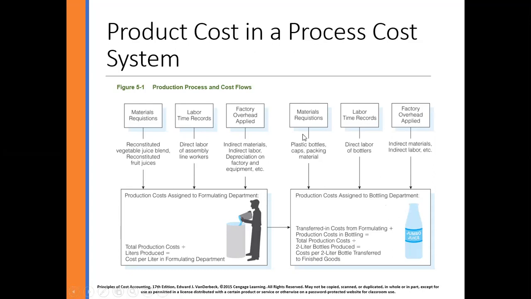And again, we accumulate material, labor, and overhead costs for the bottling department. So the cost of the bottling department equals the transferred-in costs from formulating plus the production cost from bottling. That gives us our total production cost. Then we can divide that by the number of 2-liter bottles produced, which gives us the cost per 2-liter bottle that would be transferred to finished goods.